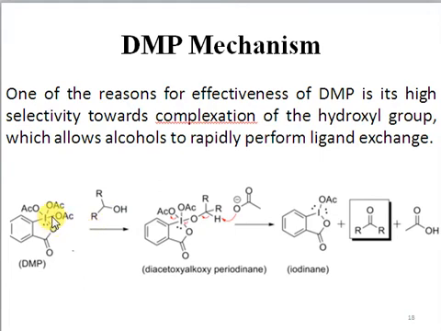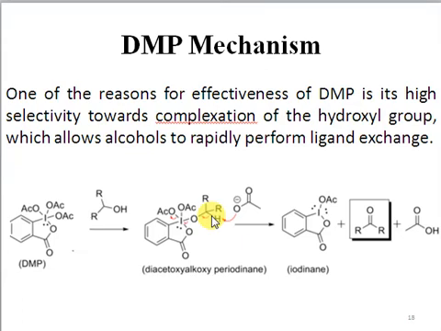When it attacks on iodine, this acetoxy group will be eliminated. See how readily there is a ligand exchange. We are exchanging this acetoxy group with our alcohol. This is very rapid ligand exchange, and because of that, the reaction is very fast and very selective.